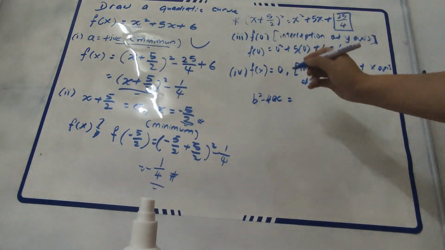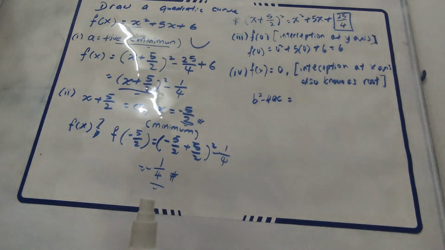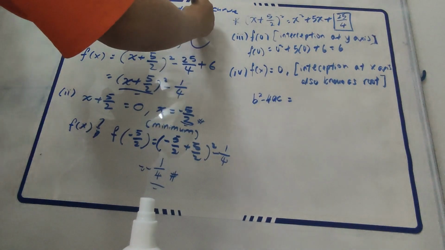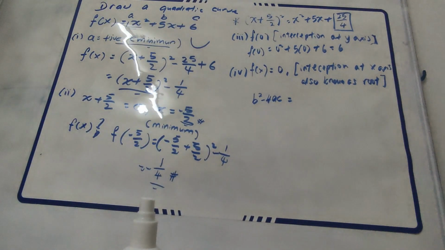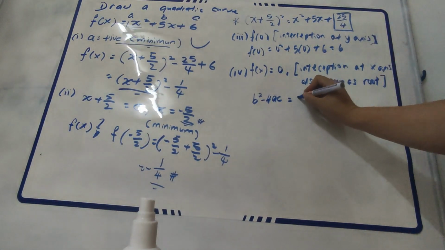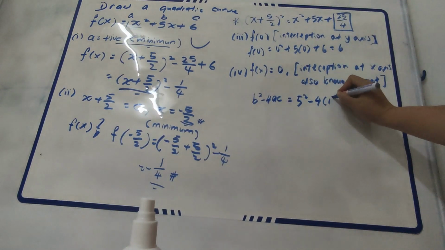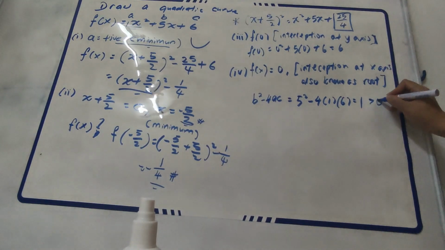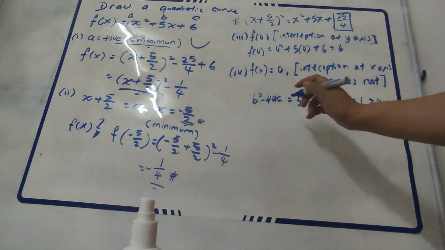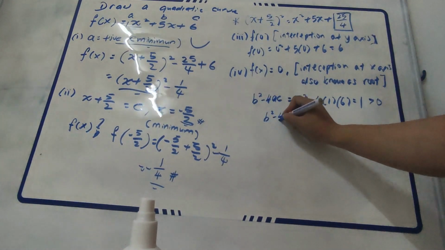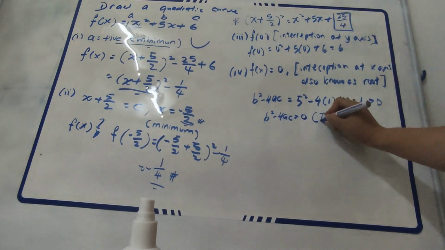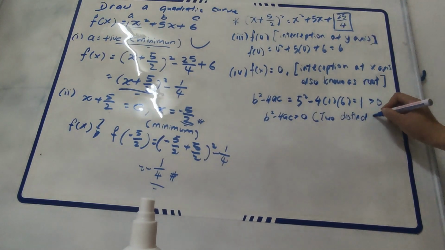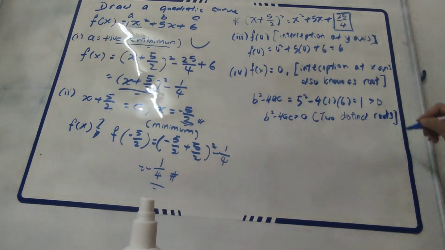So this is a 1, b 5, c 6, so it is 5 squared minus 4 times 1 times 6 equals 1, bigger than 0. So you have two distinct roots, b squared minus 4ac bigger than 0, two distinct roots.